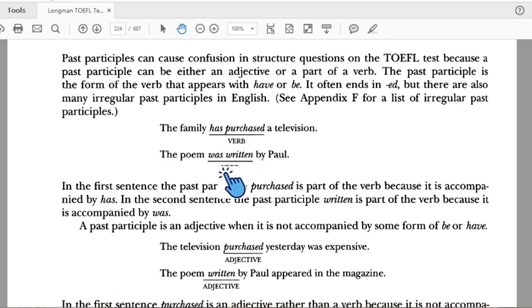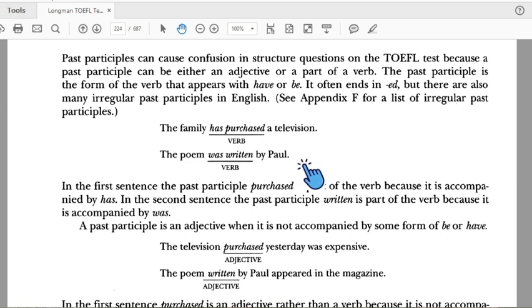The second is the poem, which meets with be. If the sentence meets be with past participles, we call it passive voice. The poem was written by Paul. Okay, there are two forms.